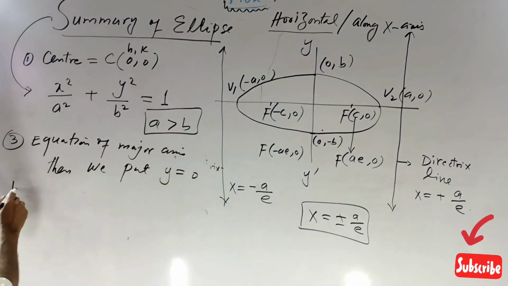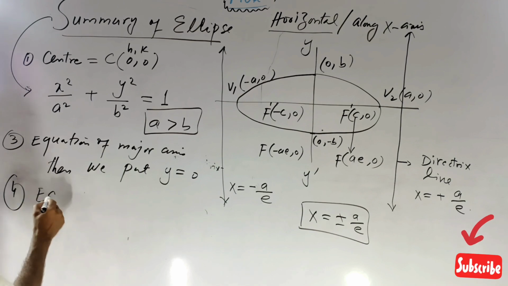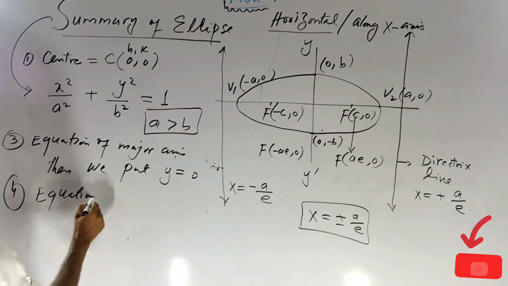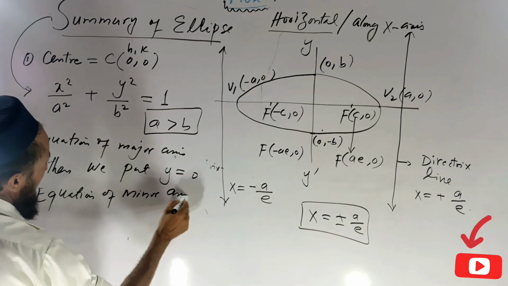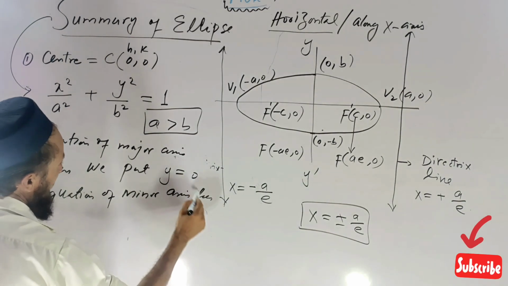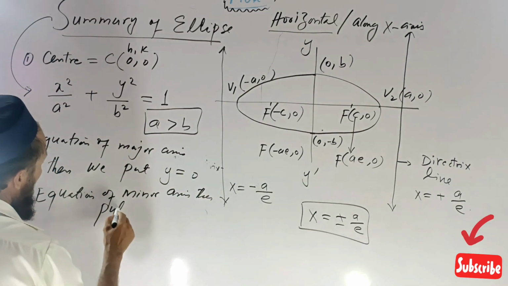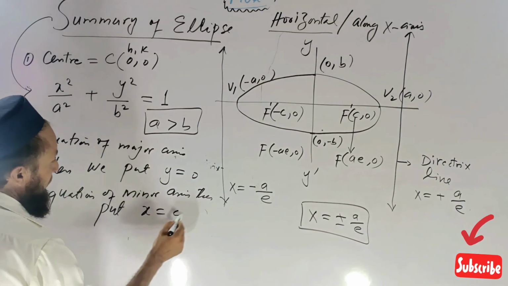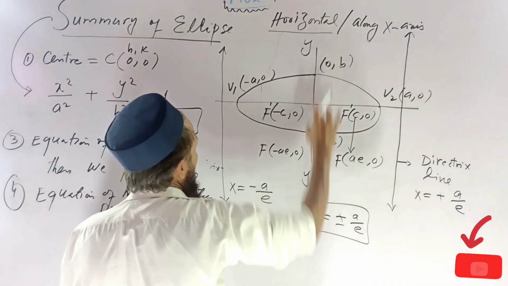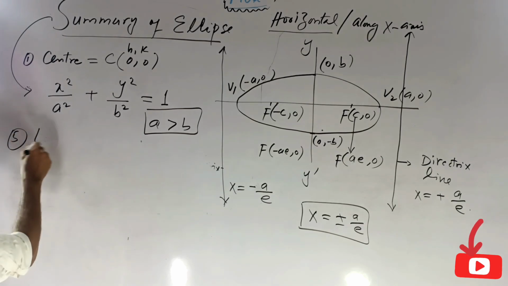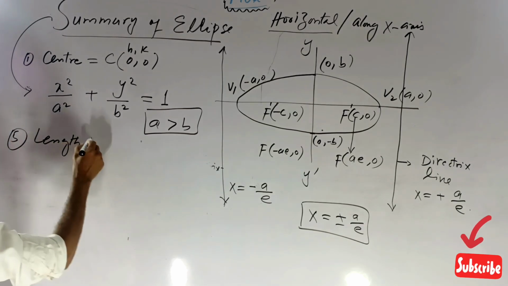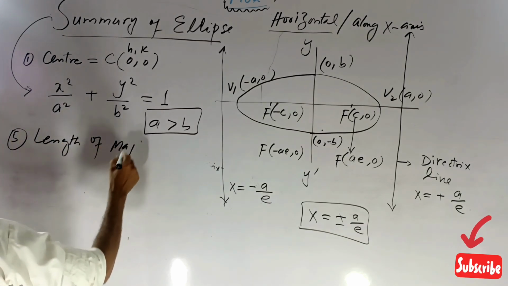If we are finding number 4, the equation of the minor axis, then we put x is equal to 0. If we are finding the minor axis, we put the horizontal length of the major axis.